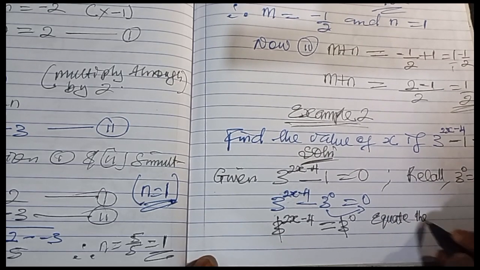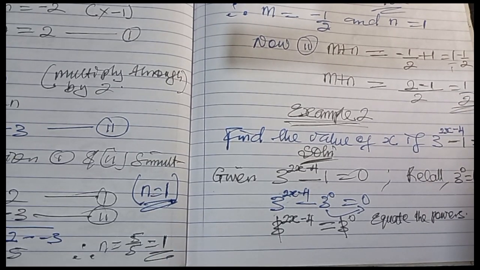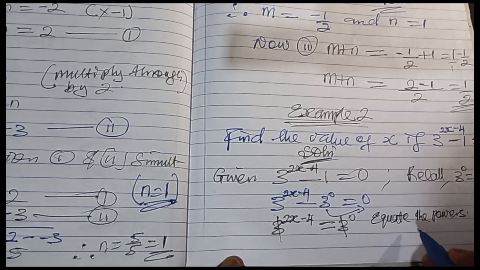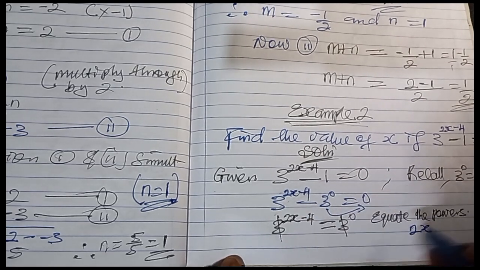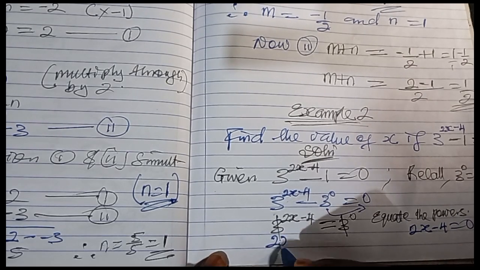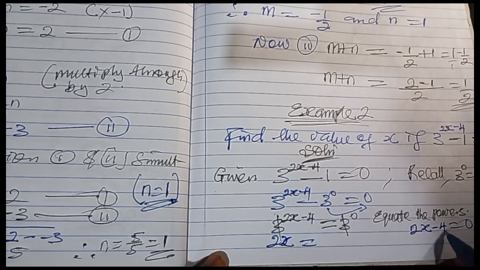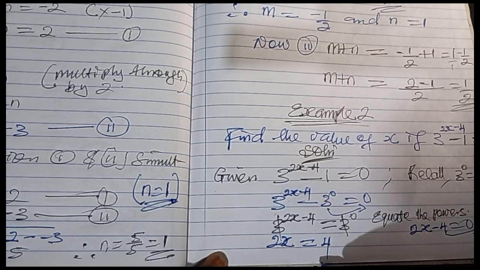Equate the powers. So if we should equate the powers, what do we have there? We can have 2x minus 4 is equals to 0. So that 2x is equals to, when this minus 4 crosses, you have positive 4. Can we find x? Yes.